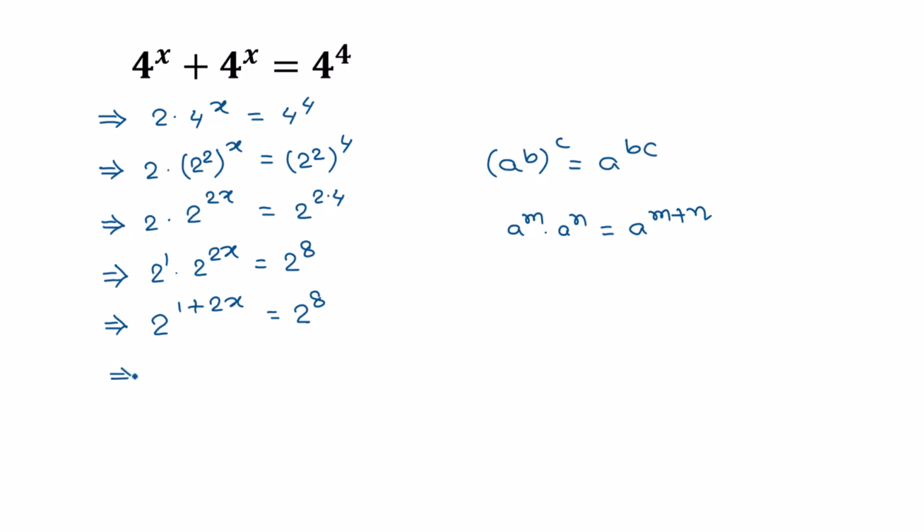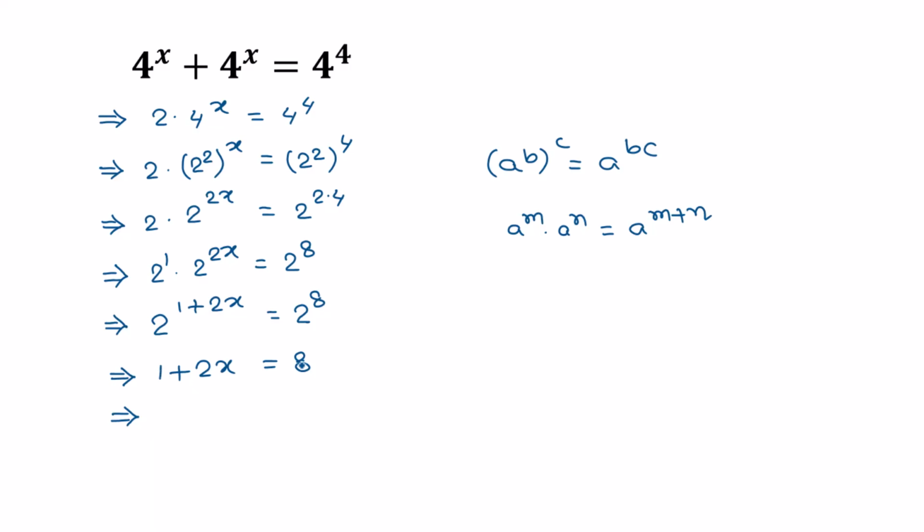Now the base on both sides is the same, so the powers on both sides will be equal. So we can write 1 plus twice x is equal to 8.